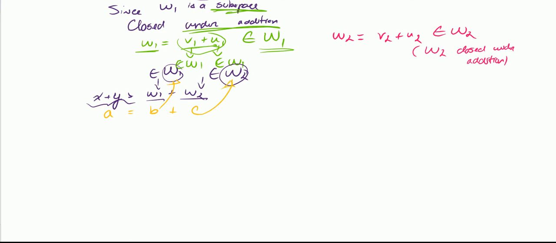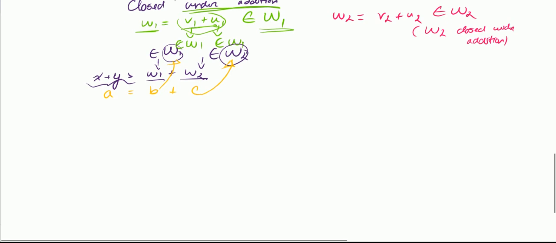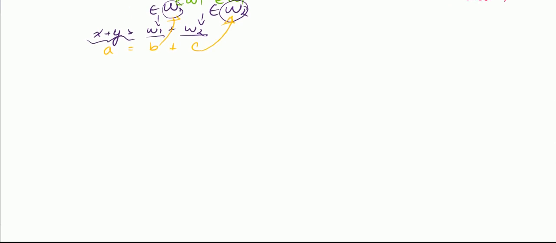So x plus y belongs to the set W1 plus W2. So now I've just shown the second part of my proof. The second condition of my proof has been shown.